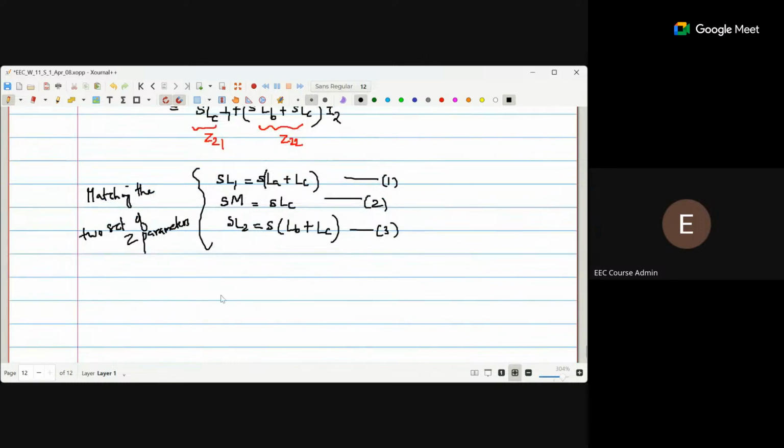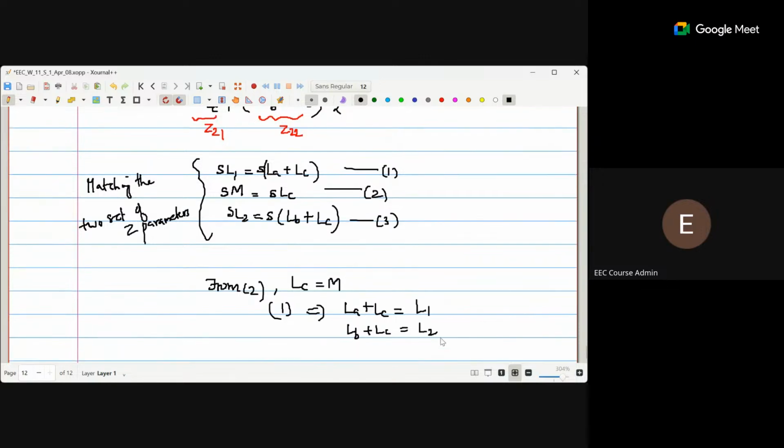Then directly from the second we get LC equal to M. Then the first will be LA plus LC equal to L1, and LB plus LC equal to L2.